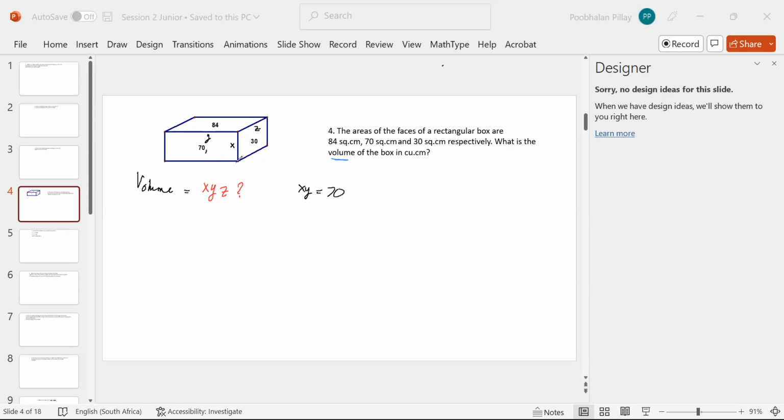Then if you look at this face here, 30, it's the product of the two sides. So x times z is equal to 30. And likewise, the product of the top face is y times z. Those are the sides of the top face, and that is 84. So you have three equations, xy, xz, and yz, and you want x, y, z.